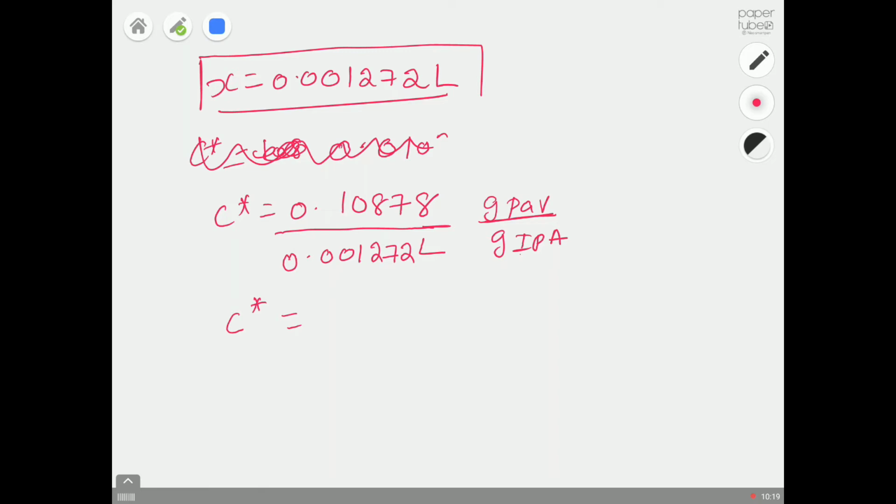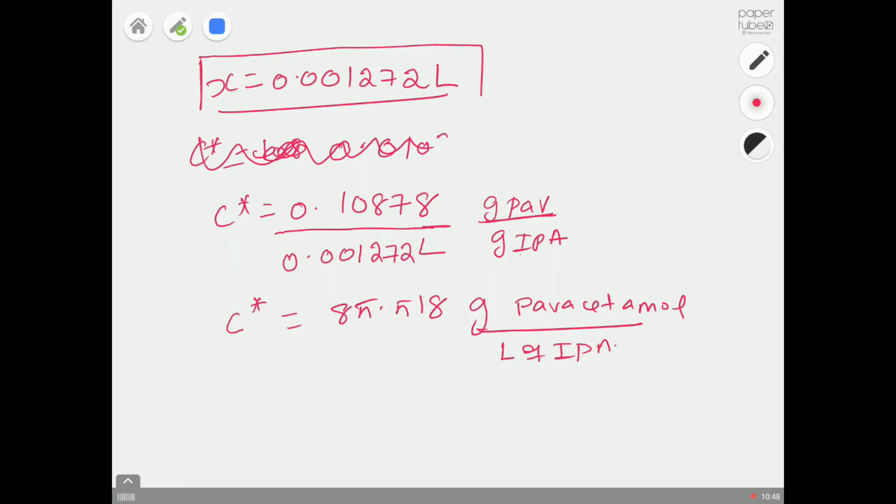So what's this value? 0.10878 divided by 0.001272. That will be equal to 85.518 grams of paracetamol per liter of IPA, isopropanol.